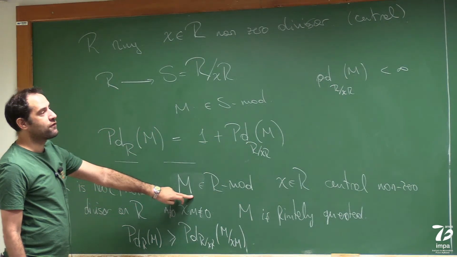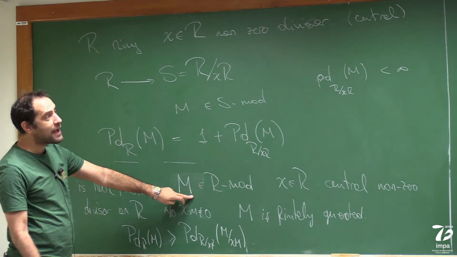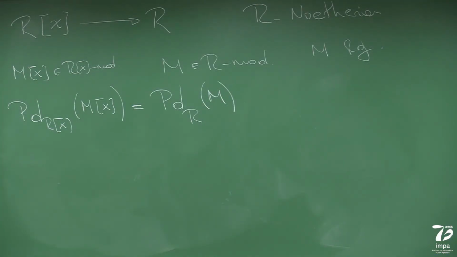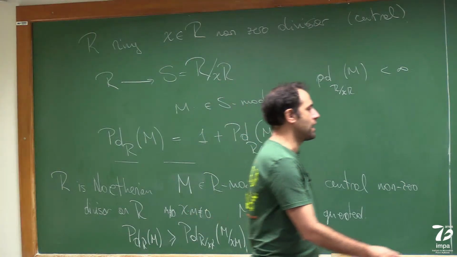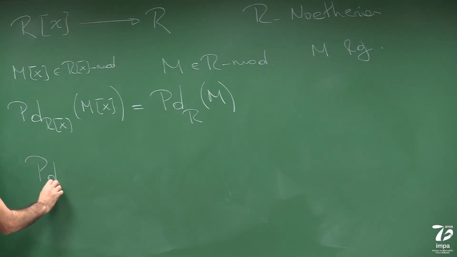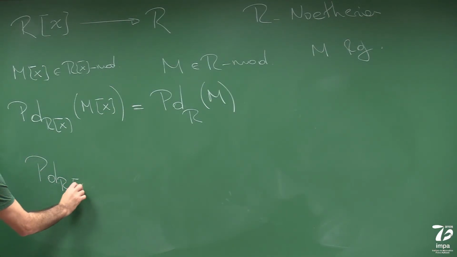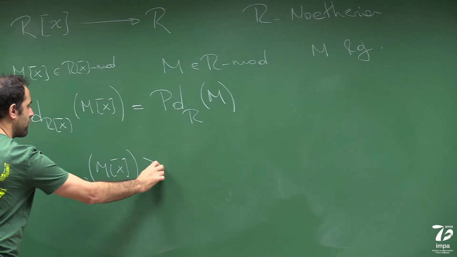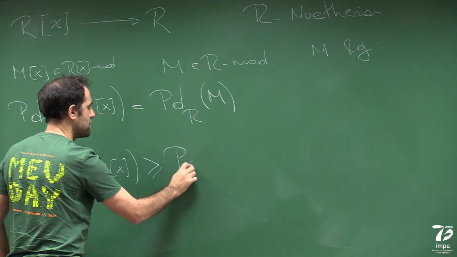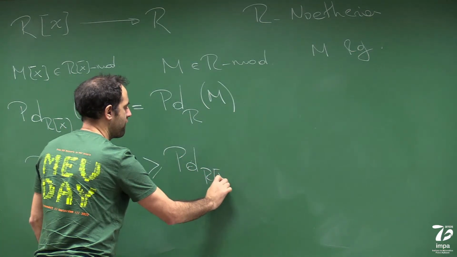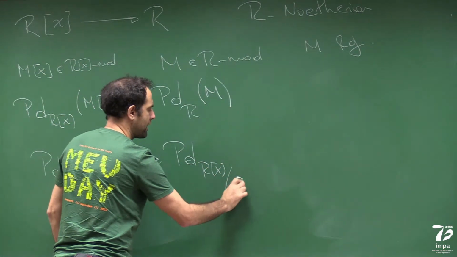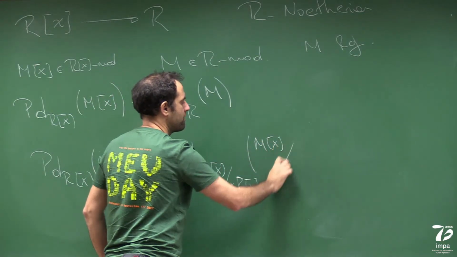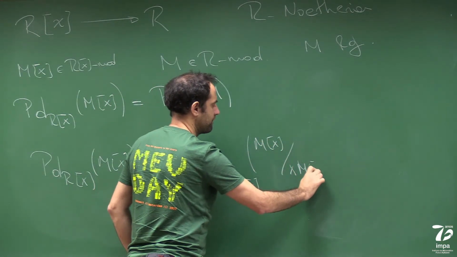X is a non-zero divisor in R[x], and it's also a non-zero divisor in M[x]. So therefore, I get this inequality that says that the projective dimension over R[x] of M[x] is bigger or equal than the projective dimension of R[x]/xR[x] of M[x]/xM[x].